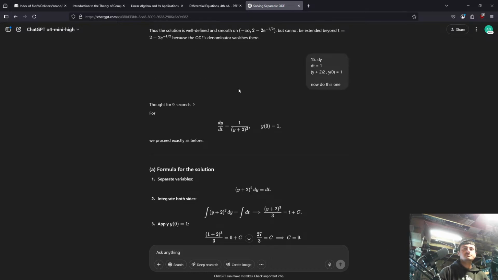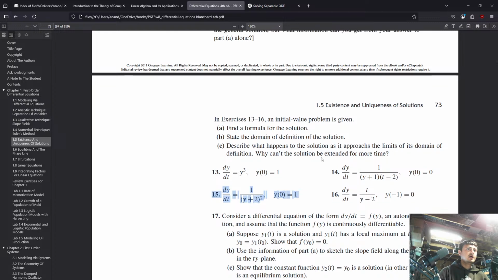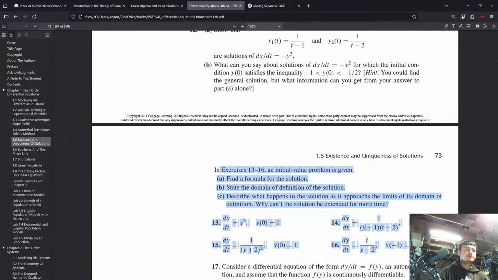I just wish the actual section of the book went over how to do some of these problems.